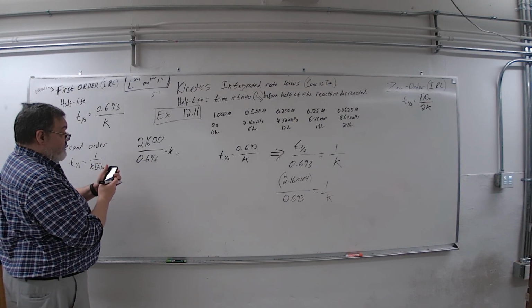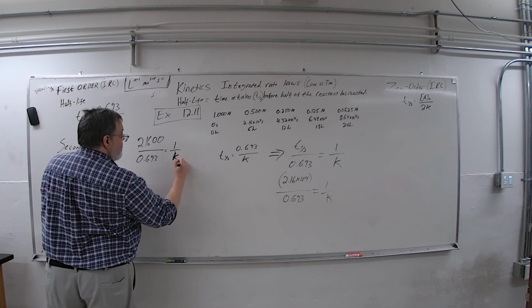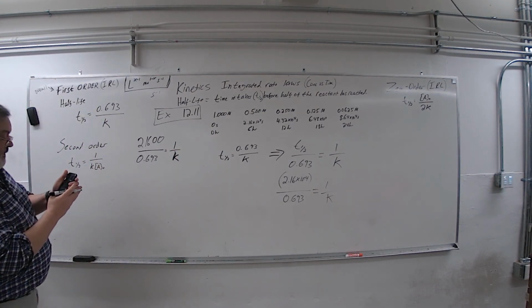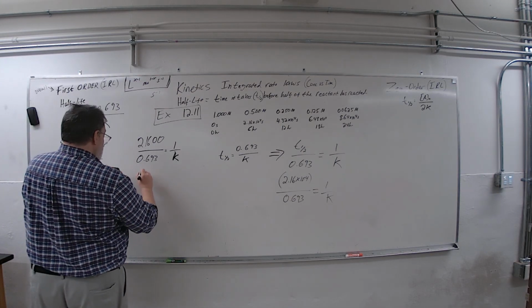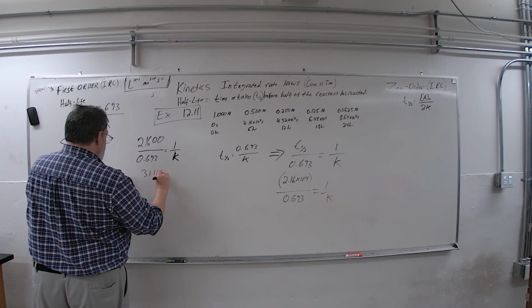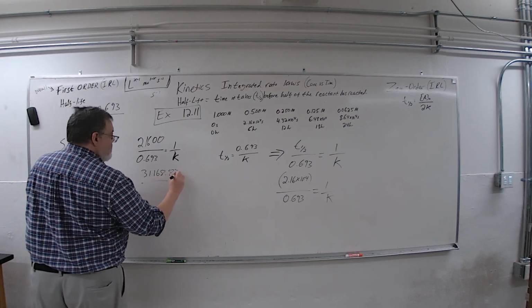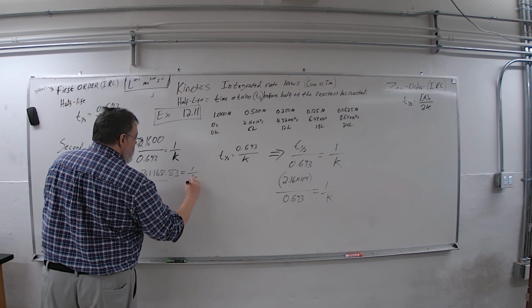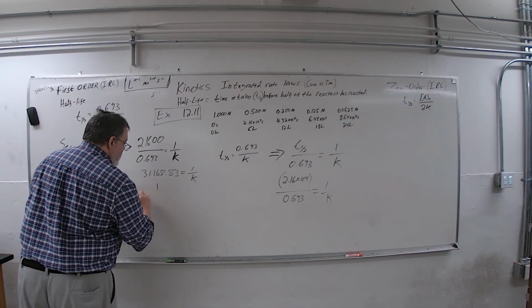21600 divided by 0.693 is 1 over K. Invert both sides, so now it's 1 over that.